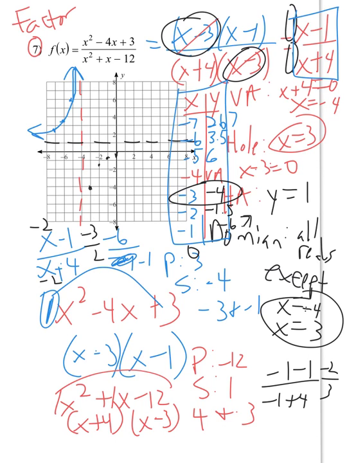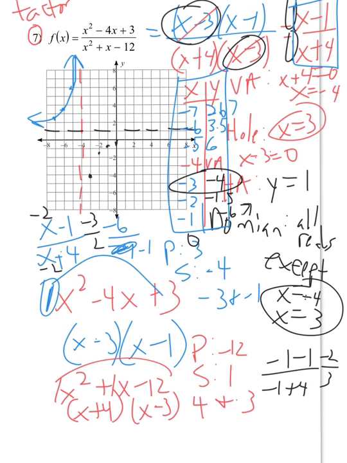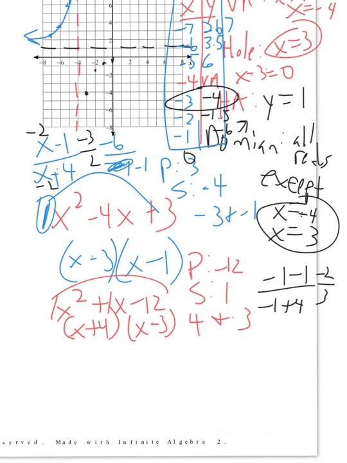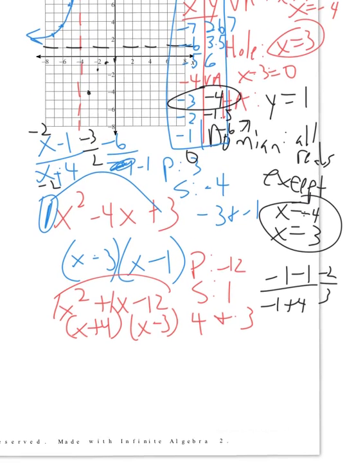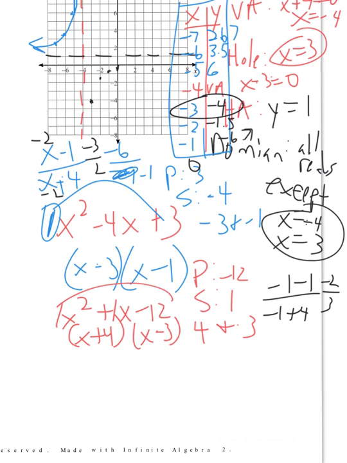Okay, now the one thing you are going to want to put in is we have a hole that occurs at x equals 3, so you do want to substitute 3 in to see exactly where that hole is. So if I put 3 in there, I have 3 minus 1 all over 3 plus 4, so 2/7.